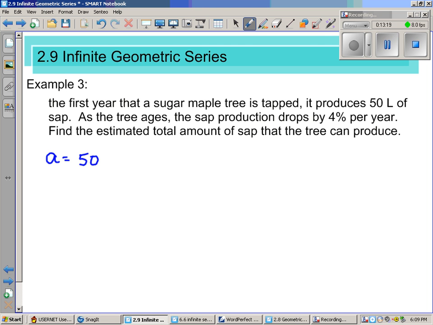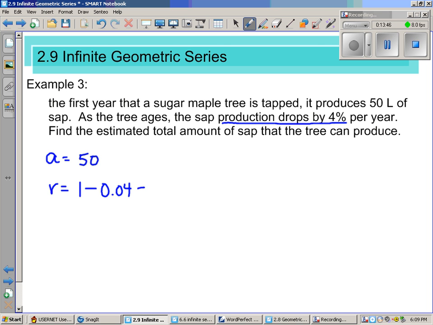What is its ratio? Now here's where we have to be careful. The production drops by 4% per year. Now we've done questions like this. This is the one some of you had the most difficulty with. Well, its production rate now is 100%, which is 1. And it's dropping by 4%, which is 0.04.